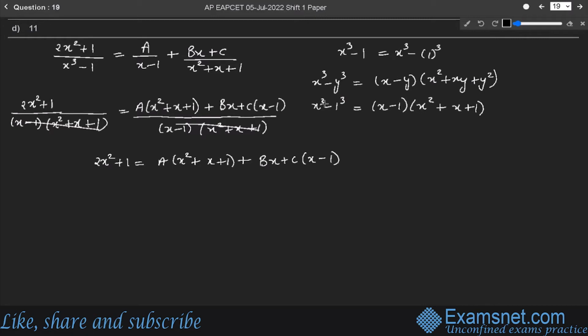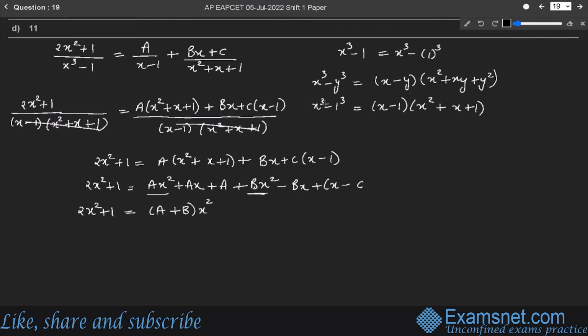On further multiplying, it will be 2x^2+1 is equal to ax^2+ax+a+bx^2-bx+cx-c. LHS will be 2x^2+1. It is equal to, taking the coefficient of x^2 together, (a+b) and common is x^2.